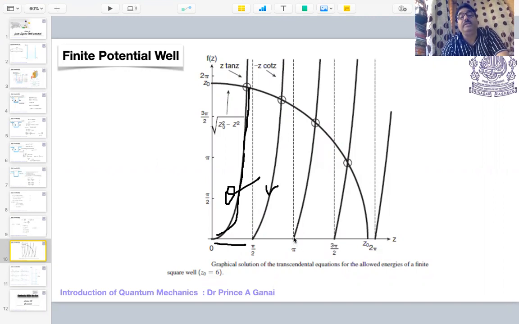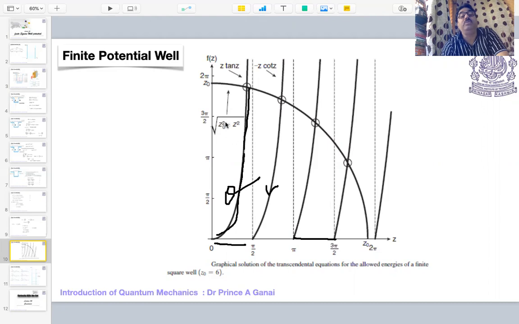Again, Z tan Z is positive between pi and 3 pi by 2. Then again we will have one more region where you will get the odd solution and even solution. So alternately we will have odd and even solutions. Then we also plot this root of Z naught square minus Z square.